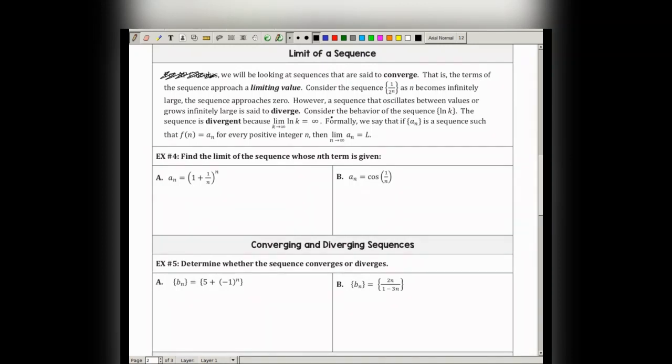Okay, so formally, here, let me highlight this. We say that if a sub n is a sequence, such that f of n equals a sub n for every positive n, then the limit of a sub n is going to be equal to L, as long as that L is a number.